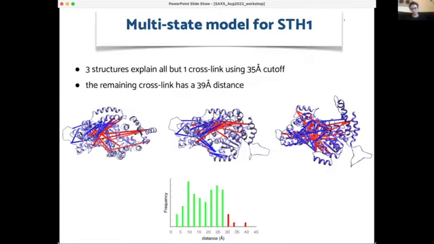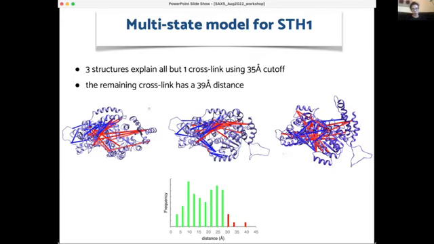And cross-linking, same story. So cross-links, we can see the blue color are satisfied ones, and the red color are the ones that are not satisfied. Usually we use a 35 angstrom cutoff for satisfaction. And here, this is again a 2-domain protein. So domains move with respect to each other. And using 3 structures, you can see that there is no single structure that fits the data, lots of red unsatisfied crosslinks here.